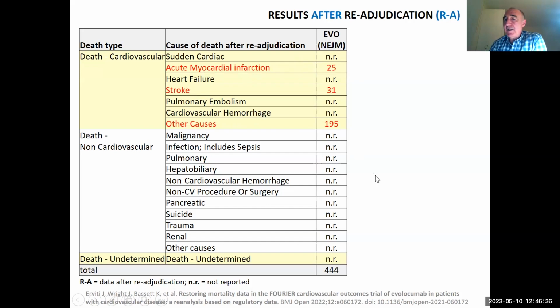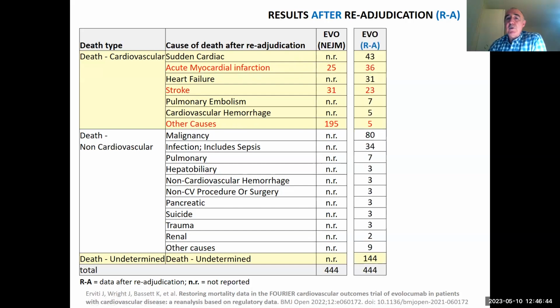But after re-adjudication, that means when we went through the clinical study report and double-checked the information, we could see that there were as many as 11 more cases of myocardial infarction than reported in the New England Journal of Medicine, and there were 8 fewer cases of stroke than reported in the New England.